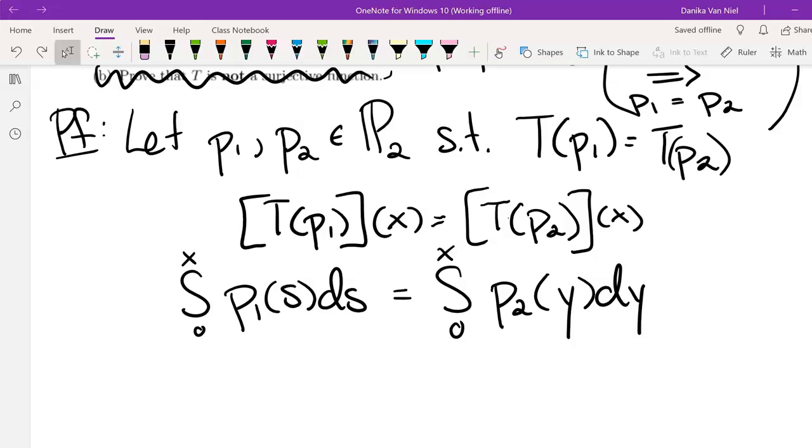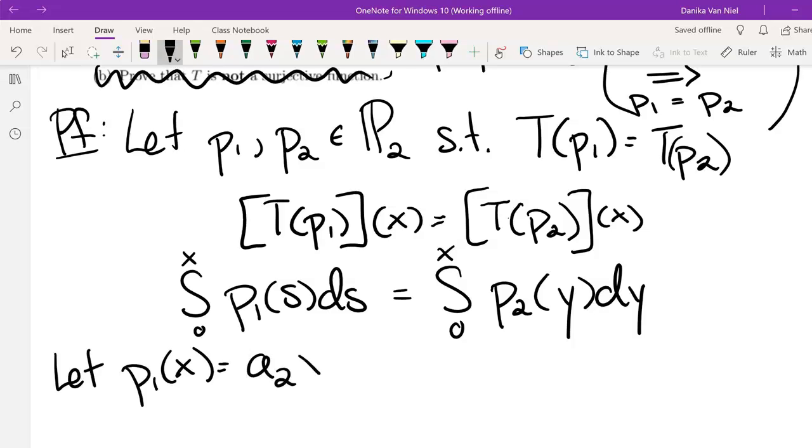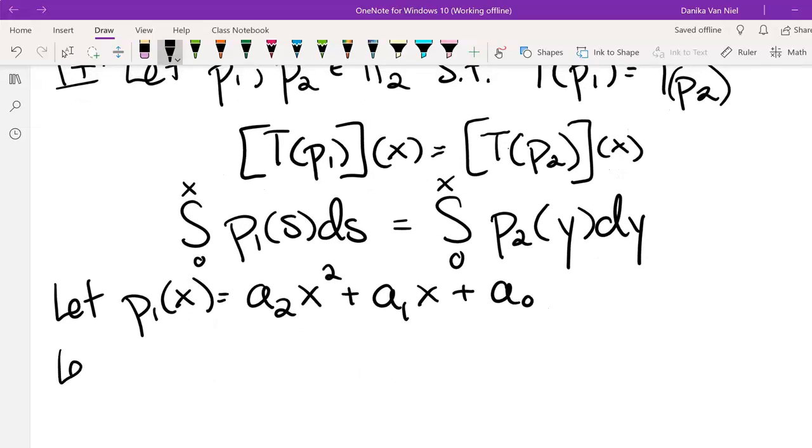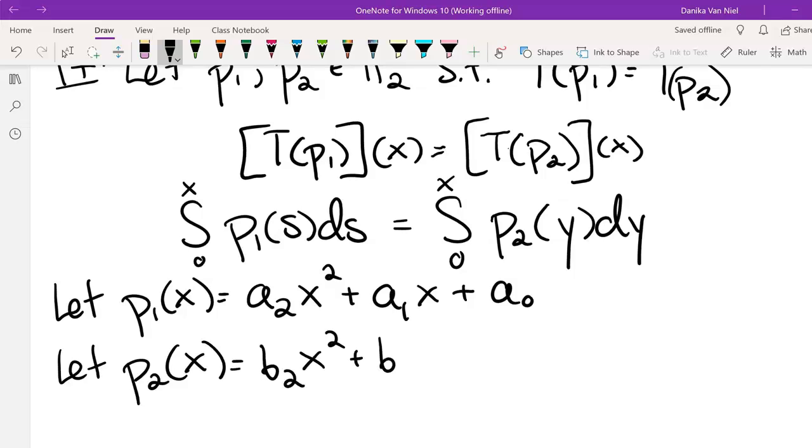With the hint, we know that we can rewrite P1 of x as, let's say, a2x squared plus a1x plus a0. And we could write P2 of x as b2x squared plus b1x plus b0.